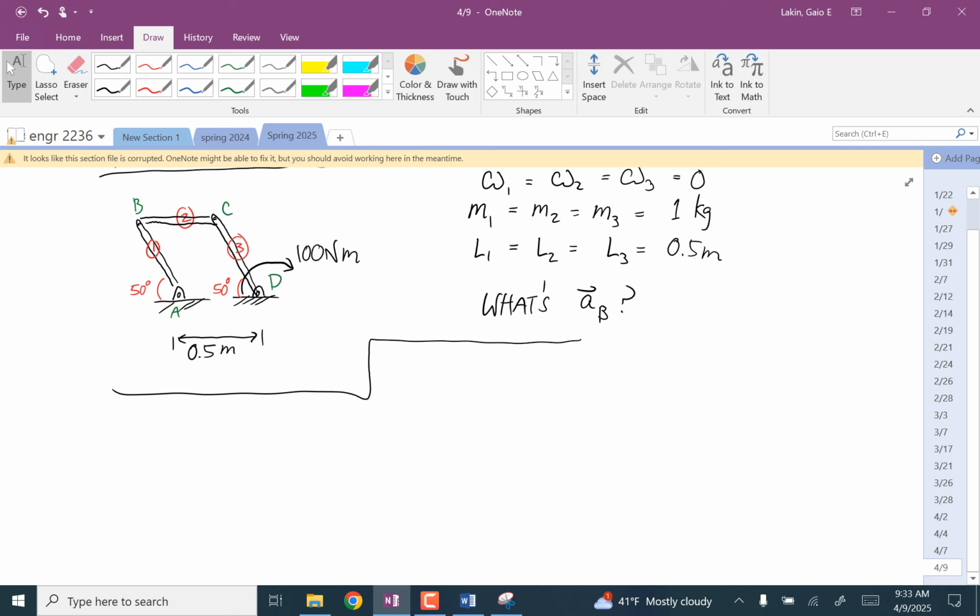Now go over to this one. There's a force here, F21, which is negative F12. That's a pair of variables we've already considered. There's an F23, there's an alpha 2, and there's an A2 vector. Okay, so that's 1, 2, 3, 4, 5 new variables.